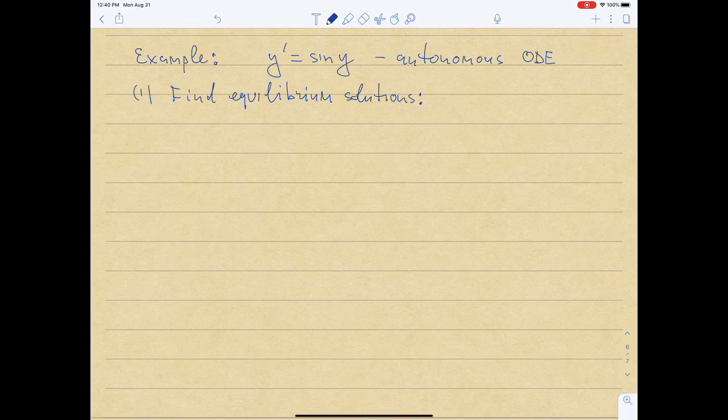So equilibrium solutions I'm going to get if I solve the equation right-hand side is equal to 0. Now, where is sine of y equal to 0? Sine of y is equal to 0 at all multiples of pi, so y must be equal to pi n, where n is an integer.